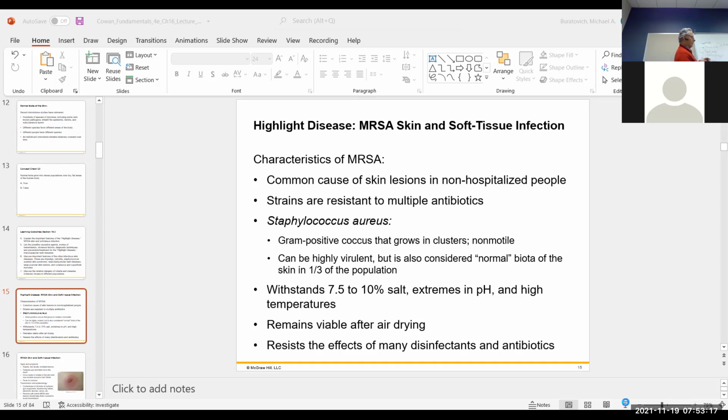And the lesions usually are very small. They'll itch, and they're usually over a wide range of the body.